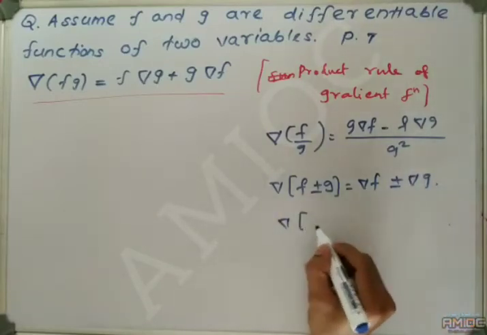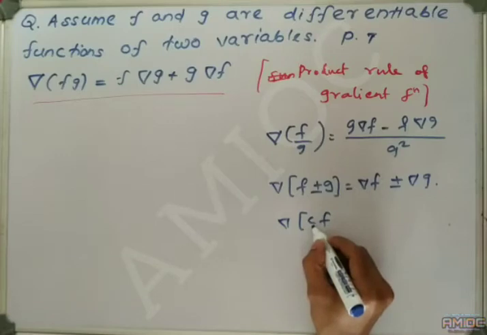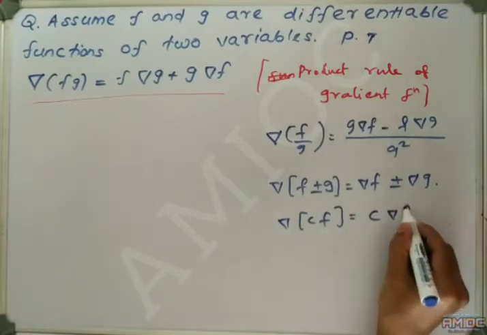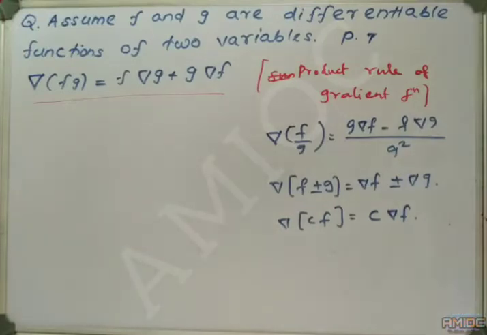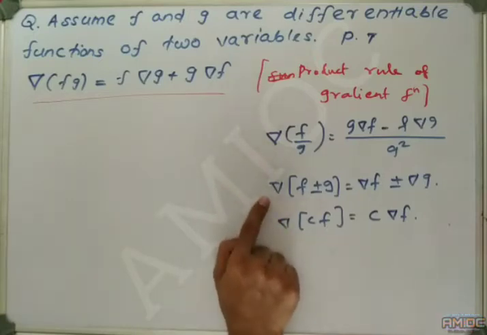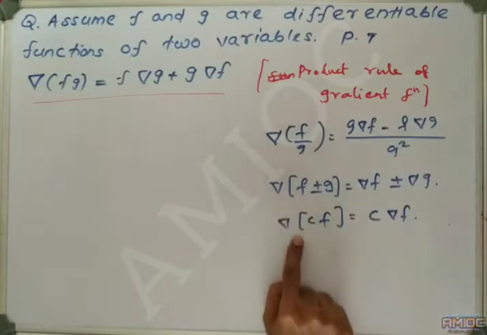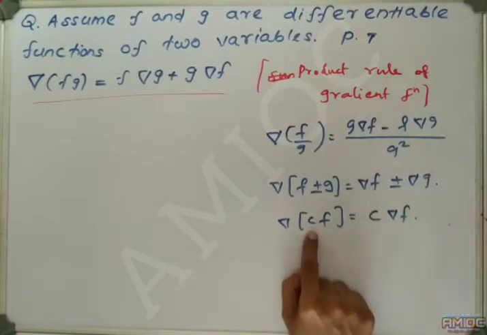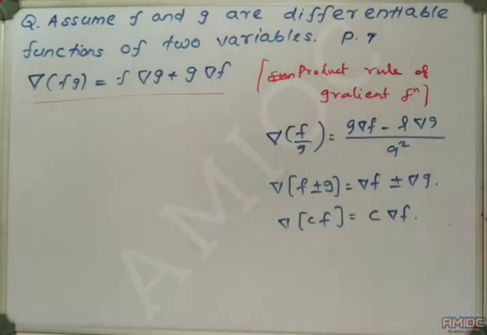And the scalar multiple rule: if c is a scalar, then gradient of cf is given by c into gradient of f. This rule is called the quotient rule for gradient function, this is the sum rule or difference rule for gradient function, and del of cf equal to c into del f is the scalar multiple rule for gradient function.